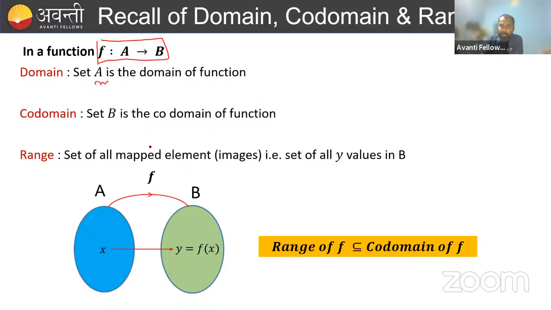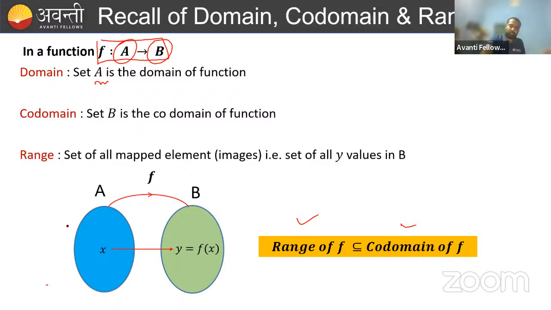The set of all mapped elements in the set B, or the set of all outputs, or the set of all values of y you get after putting in the values of x, is the range. And I already told you in the last class, the range is always a subset of the codomain.